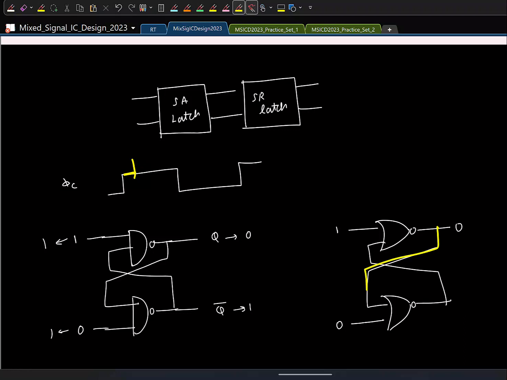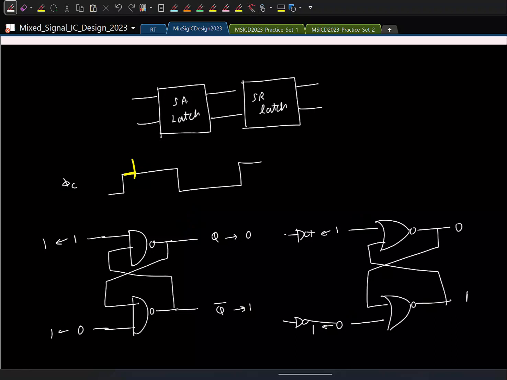And here you have both inputs as 0 for the NOR gate. Output is 1. It works well here, but if it's reset to VDD, what will happen? This is 0 and 1. It will change. So I cannot directly give this. Basically for a NOR gate, I can't have 1 and 1. You can have 0, 0. So what you have to do is take the StrongARM latch and invert the outputs and give. So you put an inverter so that when the StrongARM latch is reset, the outputs here are 0, 0 and it will retain. Or if you don't want to do it, use a NAND.